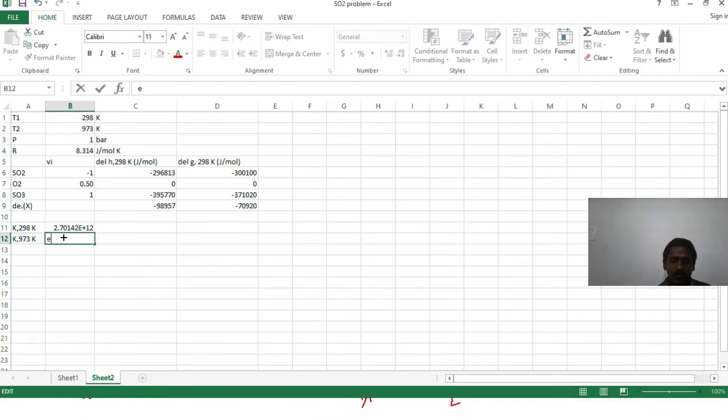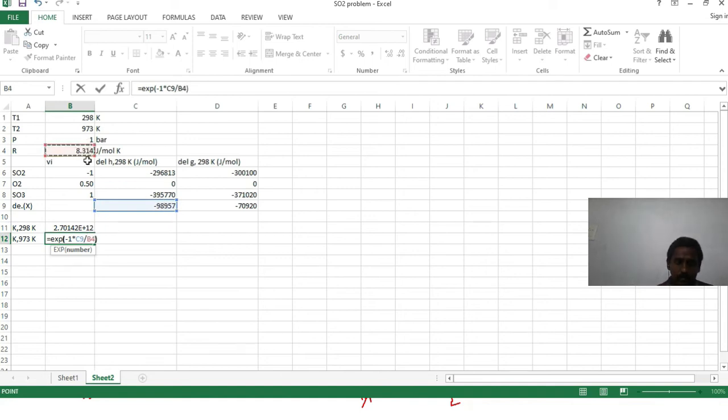Exponential of, open a bracket, 1 multiplied by delta H of reaction, which is given here, equal to exponential of this value divided by R, that is 8.314.